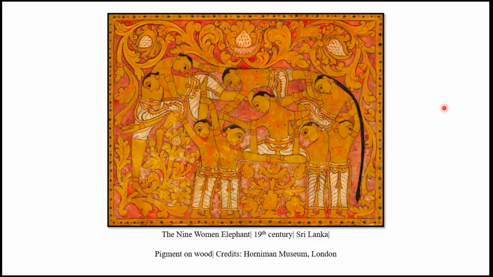This theme also found expression in the art of Sri Lanka. This is a painting on wood, and there are nine women forming the elephant. These nine women are not in difficult acrobatic positions the way we've seen before, but they are holding hands to complete the form.